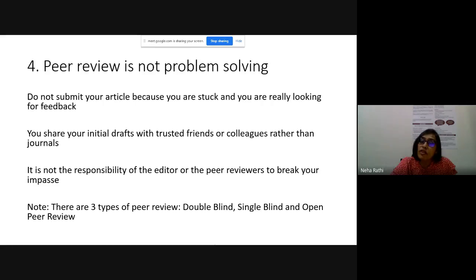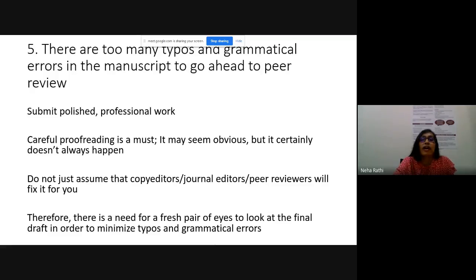In open peer review, similarly to single blind, your identity is revealed to the reviewers since you're writing your affiliation and everything. Whereas when the reviewers submit their comments, you can also see their names. So the BMC Public Health Nutrition journal follows an open peer review policy. Is it clear? Okay, moving on to the next slide.